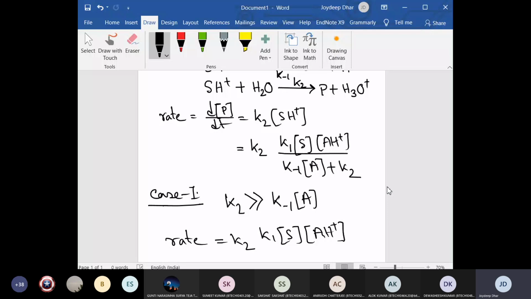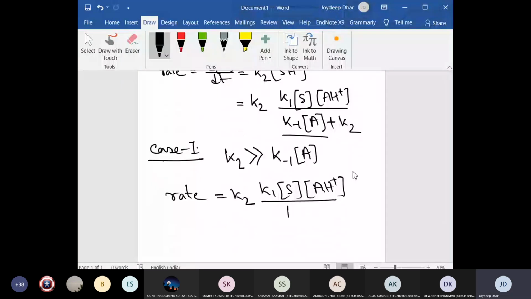I have ignored K minus 1 A as compared to K2, so K2 will cancel out. The rate depends on AH+.